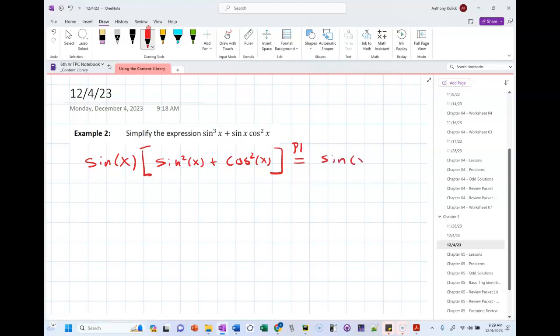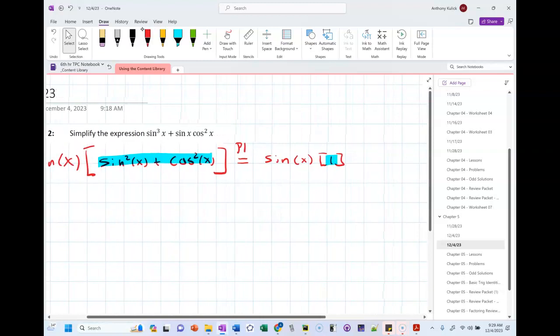So what I can do is replace all of this with just 1. So far, so good. And sine x times 1 is just sine x.